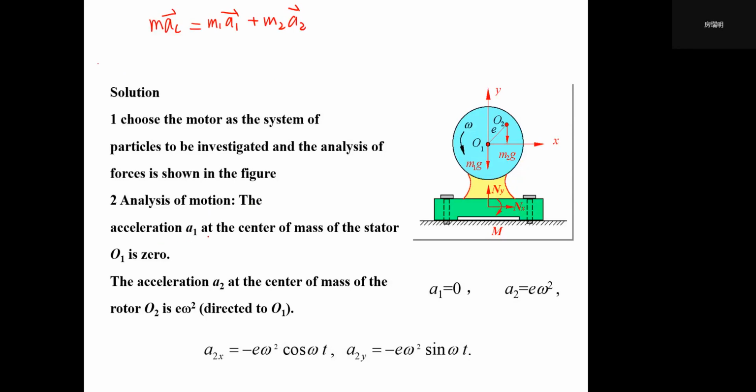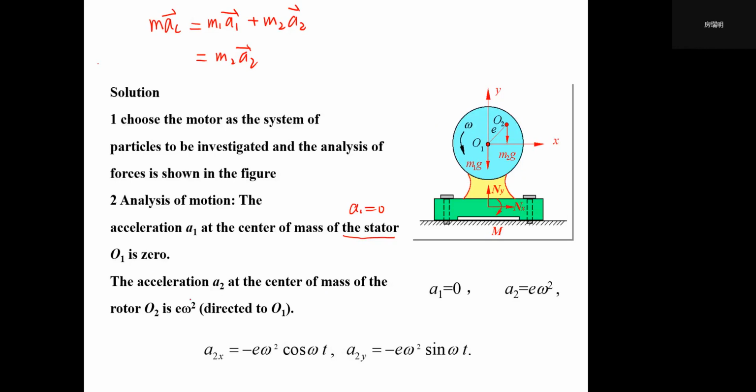So that's why it gives this conclusion. The acceleration A1 at the center of mass of the stator, because the stator never changes its position. It's stationary, so its A1 will always be 0, right? So the stator O1 is 0. So that means we only have M2A2 here, right? Why? Because A1 will always be 0. That is the reason. And the acceleration A2 at the center of mass of the rotor O2 is here.